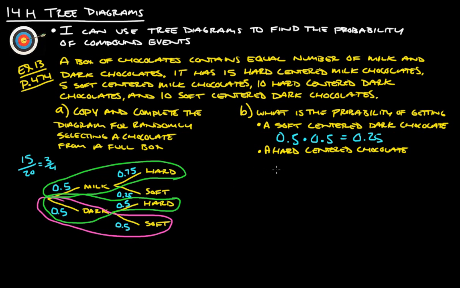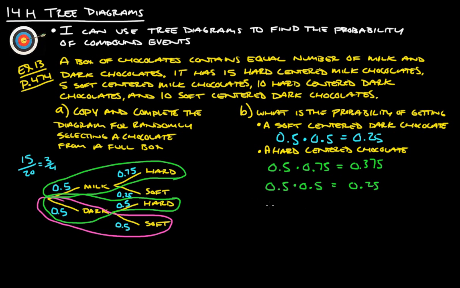So let's do the hard-centered milk chocolate. That is 0.5 times 0.75, which gives us 0.375. And then we also have the hard-centered dark chocolate, which is 0.5 times 0.5, and this again is 0.25.